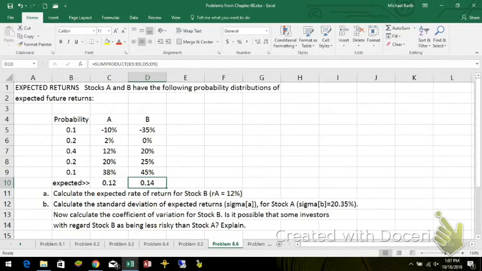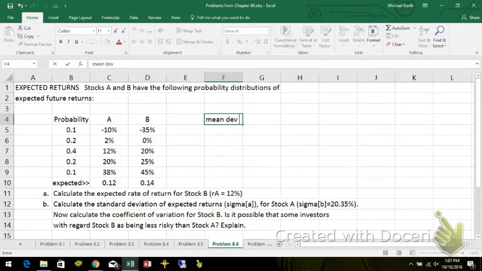Alright, Part B says calculate the standard deviation of expected returns. Do it for A because they already give you the sigma or standard deviation for B. Well, I'm just going to do them both. So start with the mean deviation.